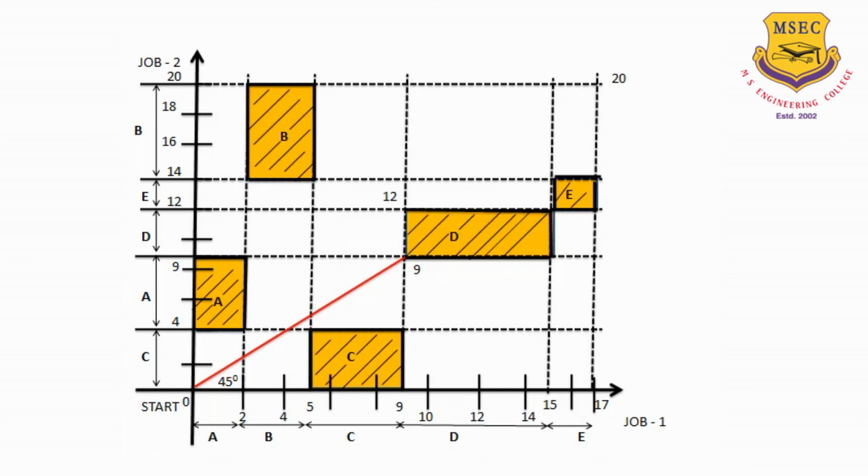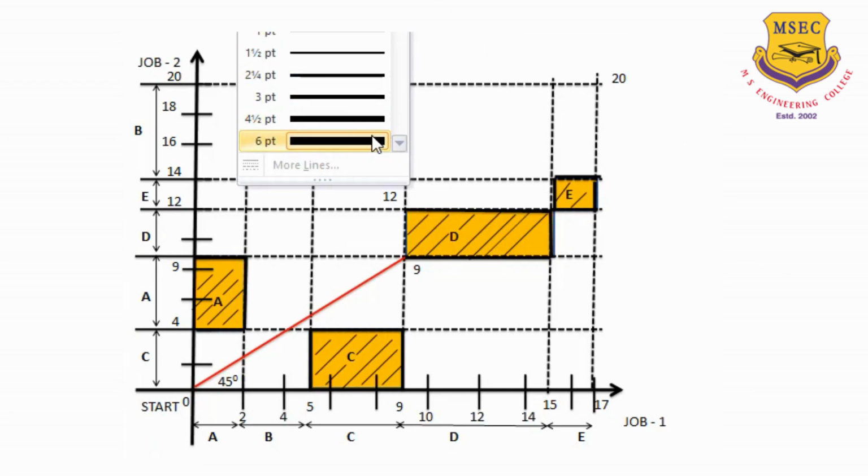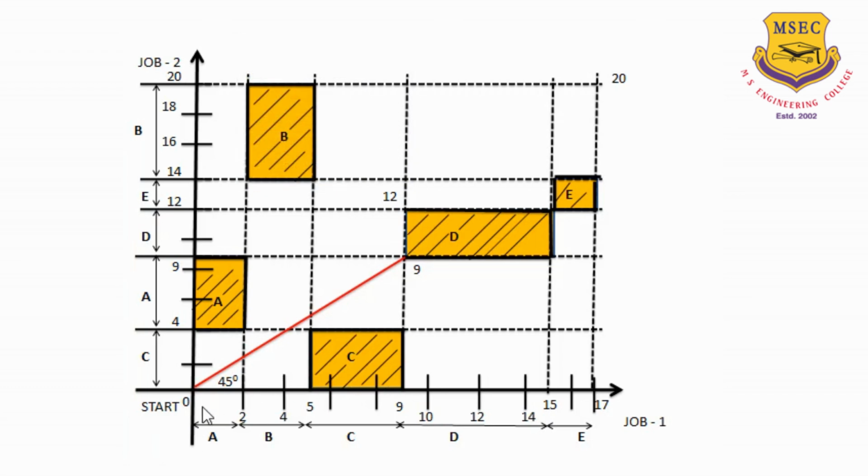Now I can start writing a 45-degree line from 0, up to the 9 by 9 square. So up to the 9 by 9 square I can write a 45-degree line. What does it mean? It means that job 1 and job 2 both can be processed simultaneously without any idle time.